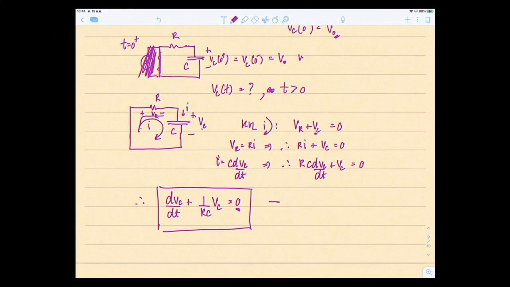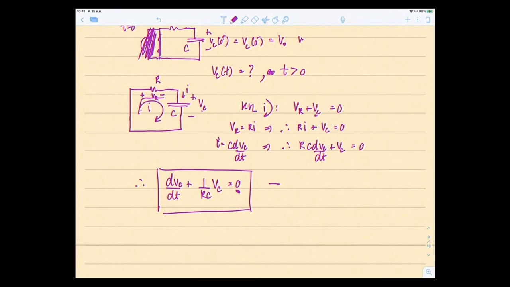I forgot many of my math terms. Anyway, we have to solve this, and you need differential equations knowledge.